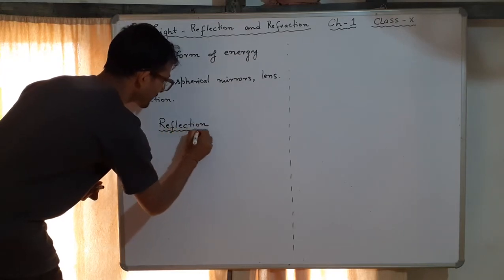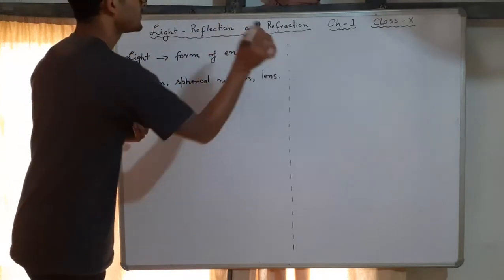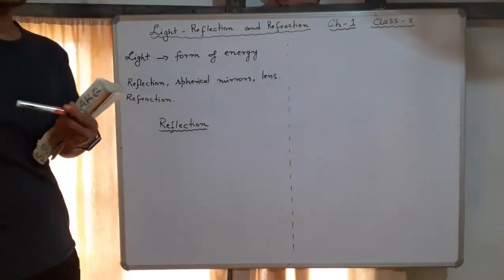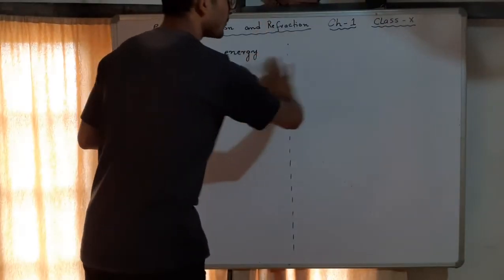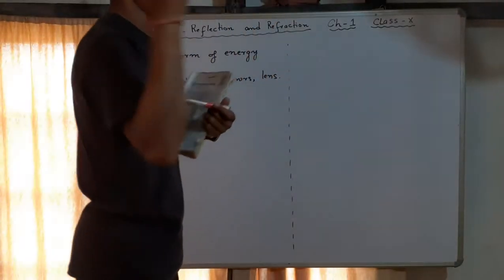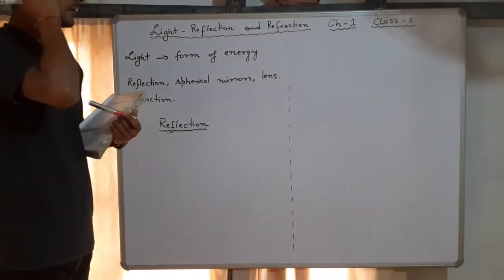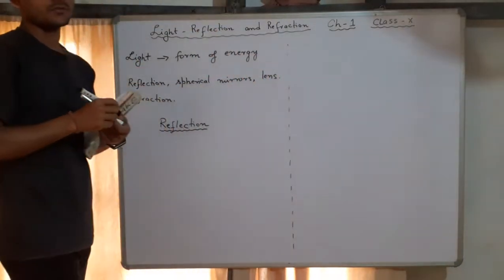It is simple. Reflection is nothing but bouncing back. If something hits here, it will bounce back. Similarly, light also does this. If light is coming and hits any object, it will get bounced. That is called reflection. When light touches something and comes back, this is called reflection of light.